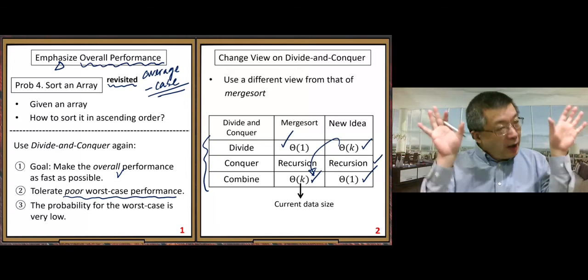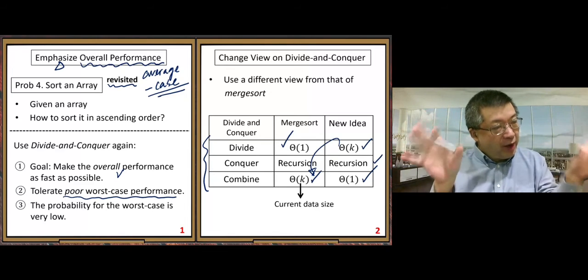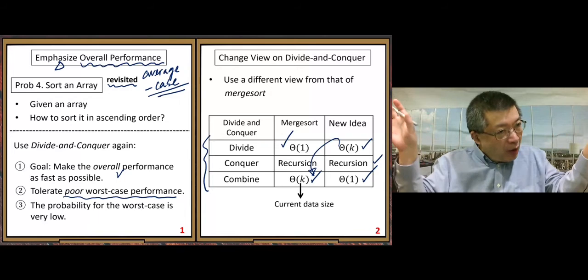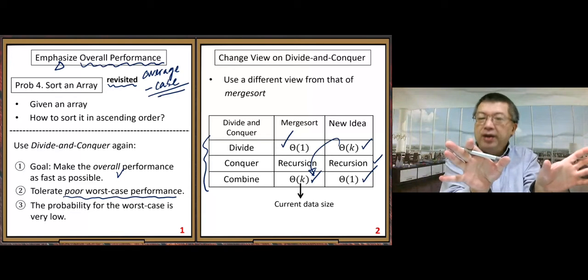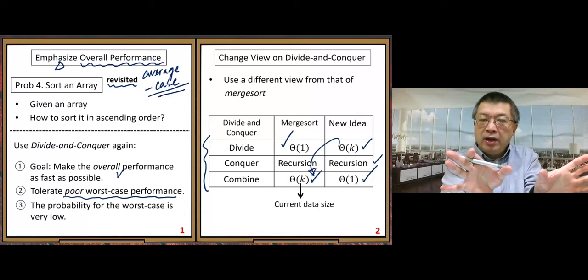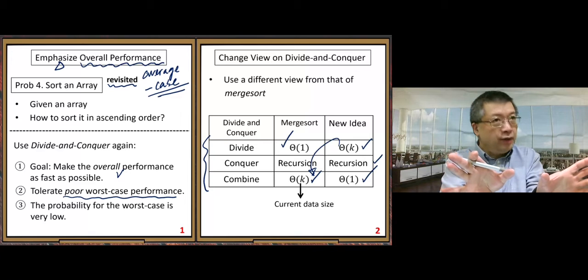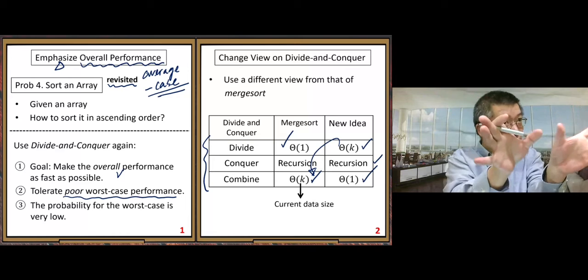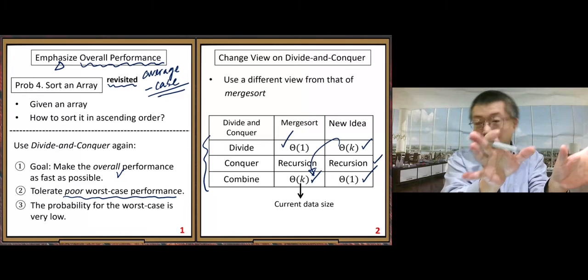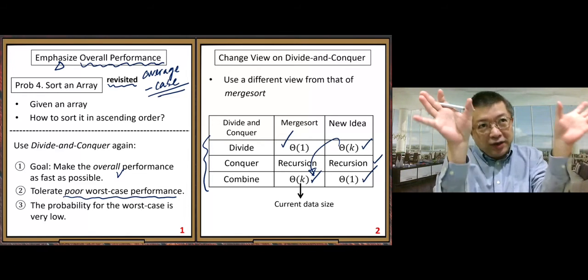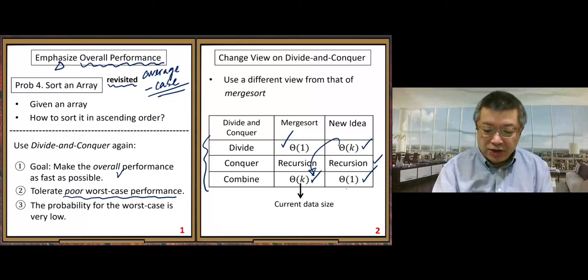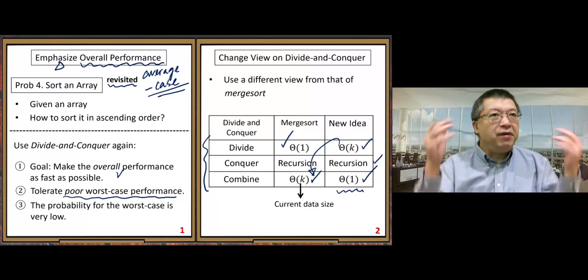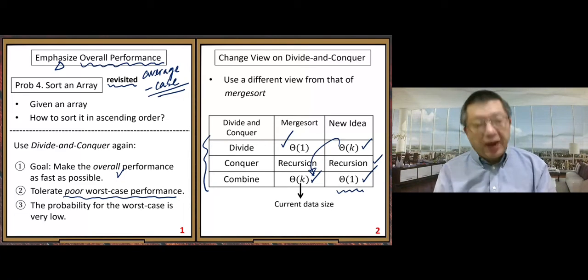If both subarrays are sorted, then when we combine to get a big overall subarray, the whole array is sorted easily. Is that possible? It's possible. In that way, the combine step is very cheap, big theta of 1.